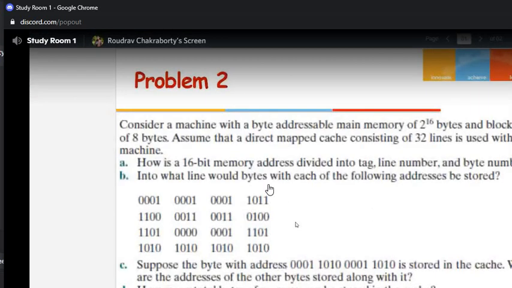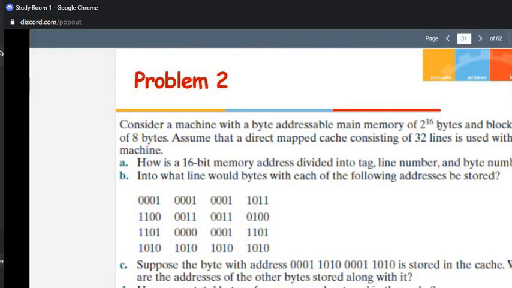They've given the memory configuration in the first 3 lines. Consider a memory of 2 to the power 16 bytes, a block size of 8 bytes, and 32 lines in the cache. They tell you to find out which line these bytes would reside in.